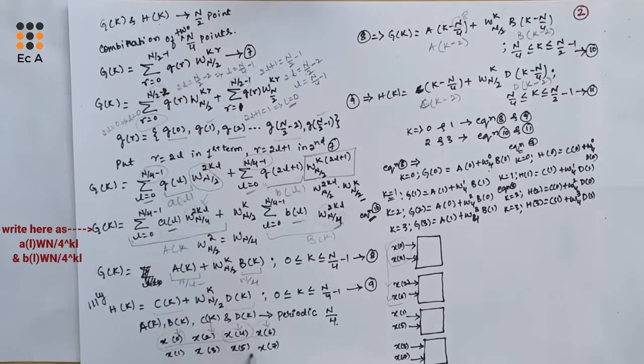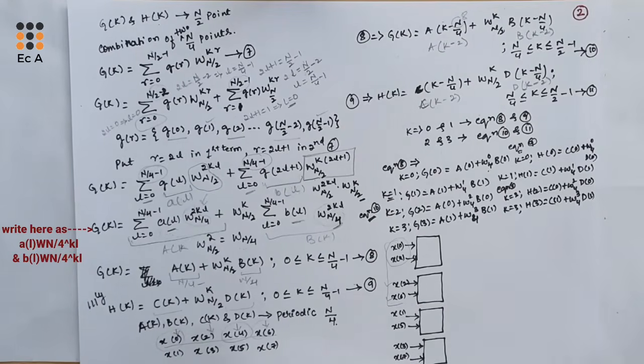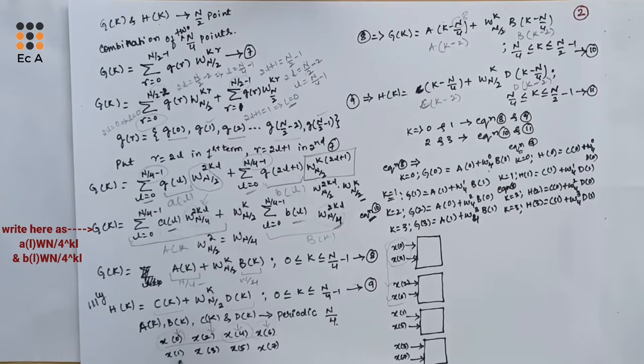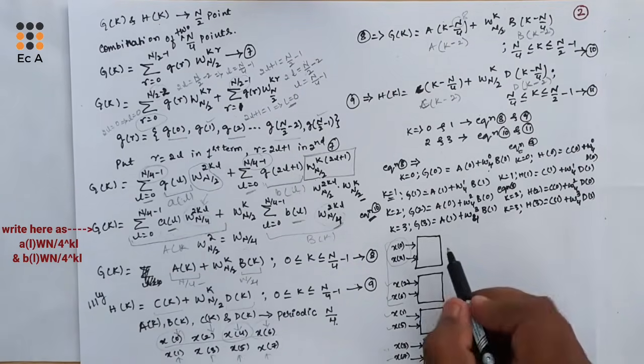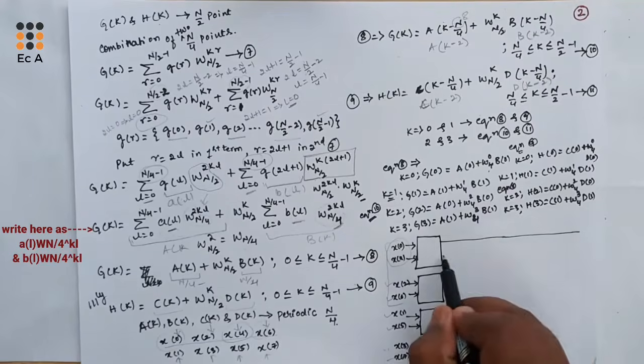Again, in this odd sequence, it is divided as even sequence and odd sequence. So, here x of 1 and x of 5 are taken as even samples, and x of 3 and x of 7 are taken as odd samples. So, x of 1 and x of 5 we have written here, and x of 3 and x of 7 we have written here. So, let us extend these input lines.